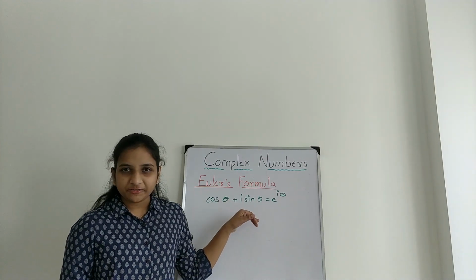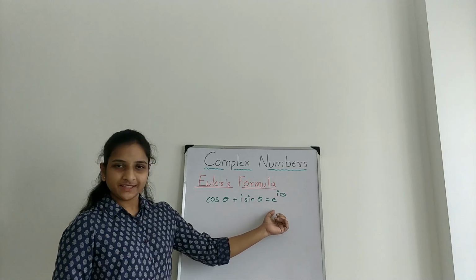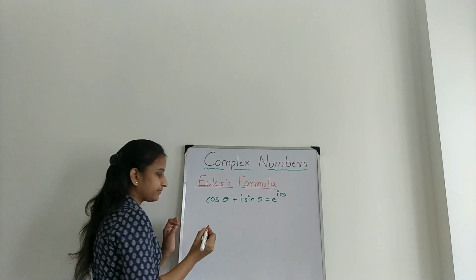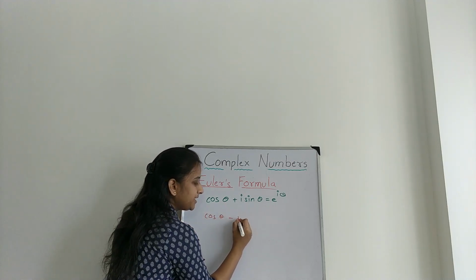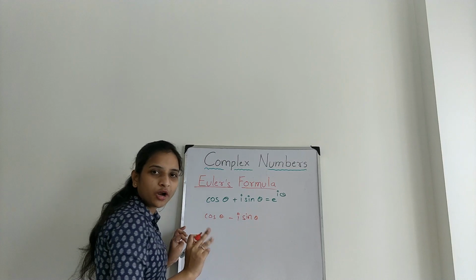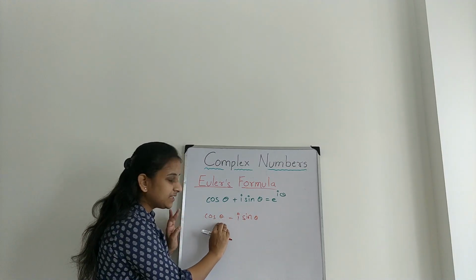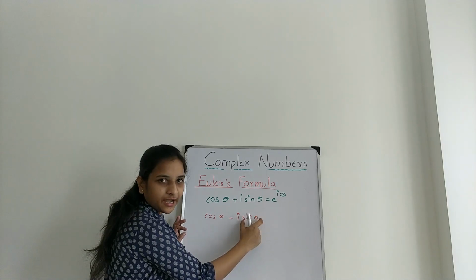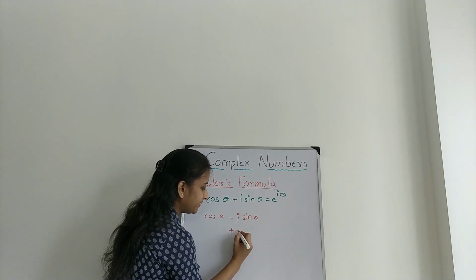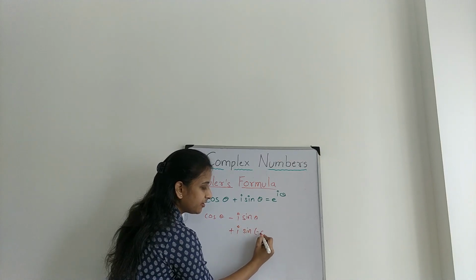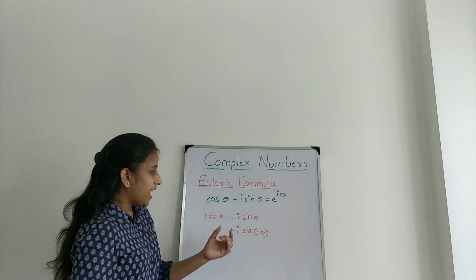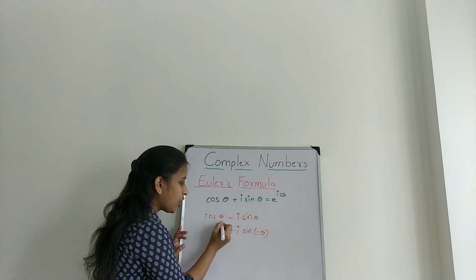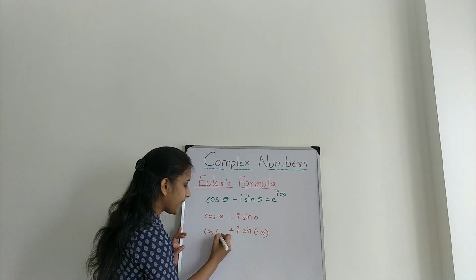This is our standard Euler's form: cos theta plus i sin theta is e power i theta. What if this term is negative? Cos theta minus i sin theta. Now what? I am bringing this equation into the standard form. So, I am sending this negative sign inside the sin function and can write plus i sin of minus theta. I want the two angles to be the same, so I am writing cos theta as cos of minus theta.